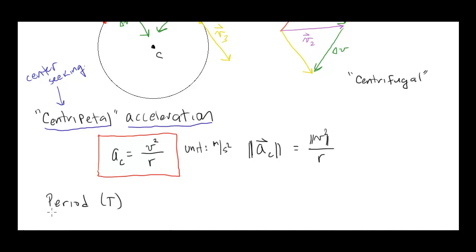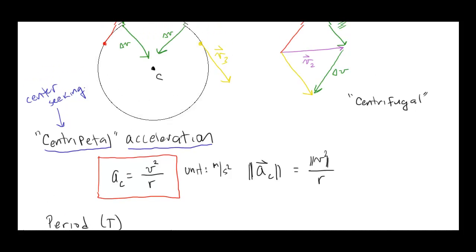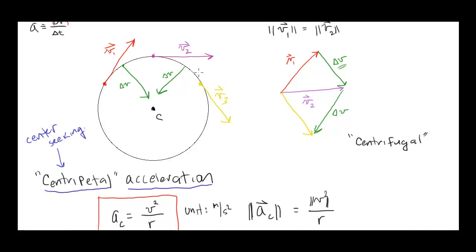if we imagine it for this circle, is simply going to be the linear distance to go around the circle divided by the speed with which the object is moving. So what is this linear distance? Well, that's just the circumference of the circle, 2 pi r.